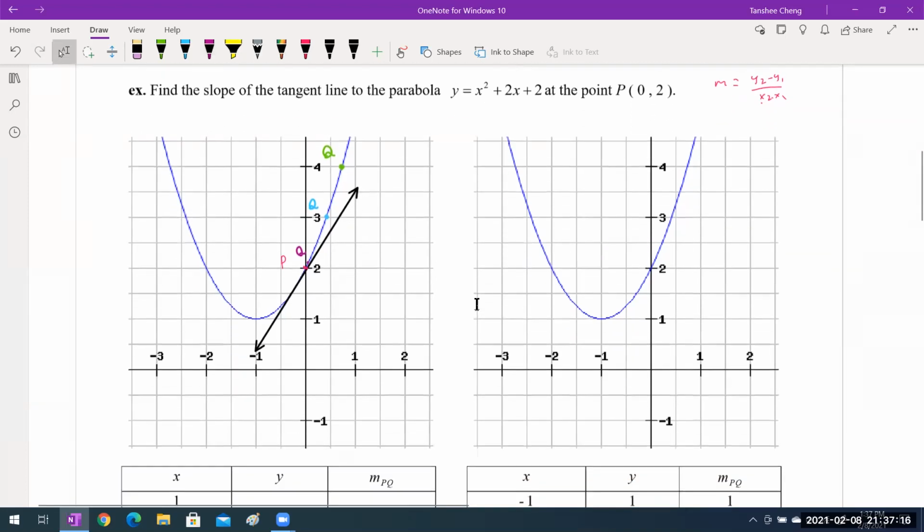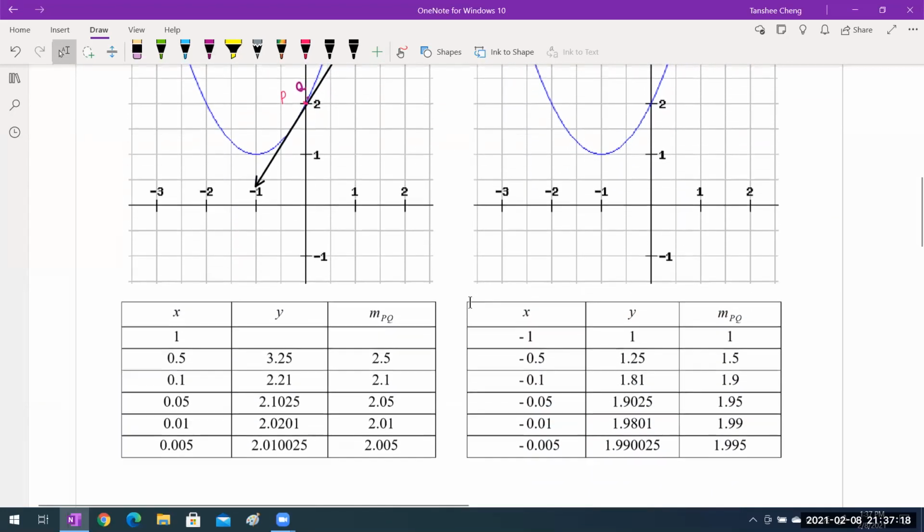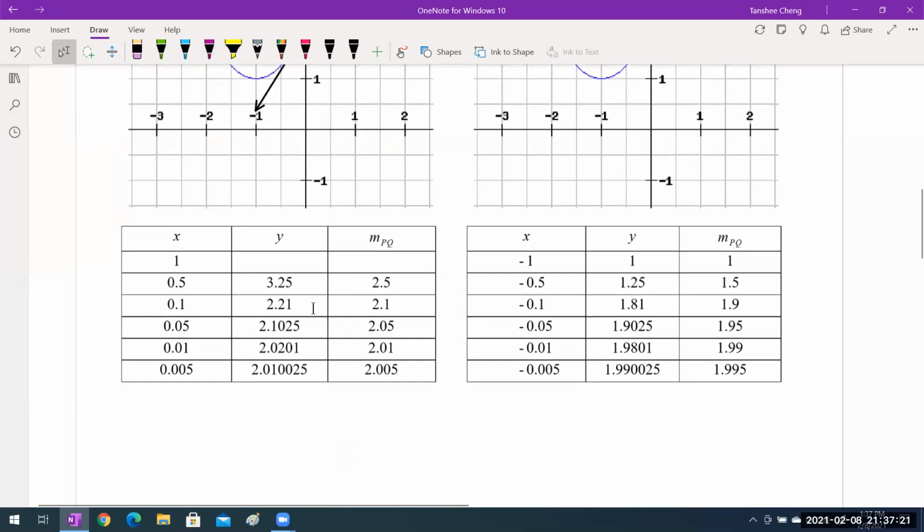I'm giving you a chart right here of the prediction points. So how do we compute that? First, I want to find my point Q at x equals 1.